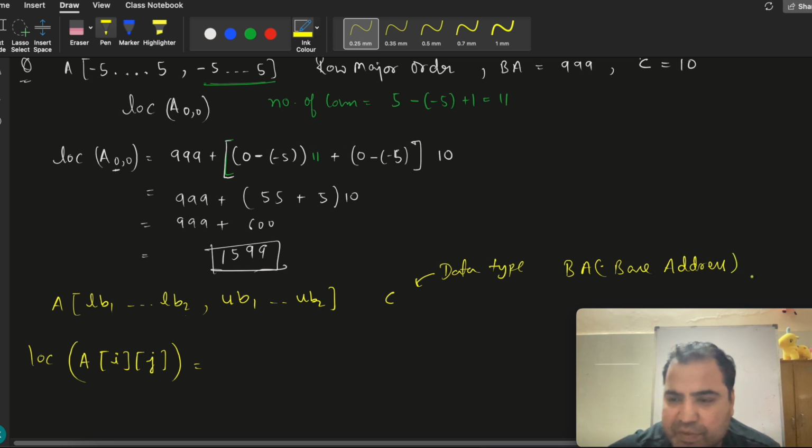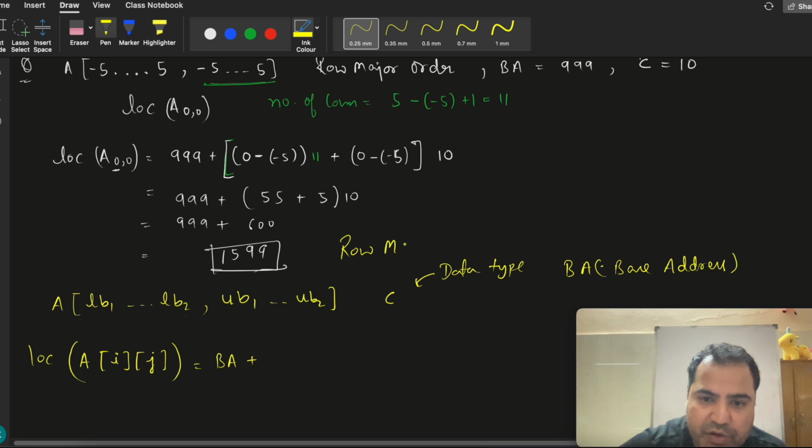right? So we will generalize it like this: base address plus, if it is stored in row major order, right? Row major order I am speaking.